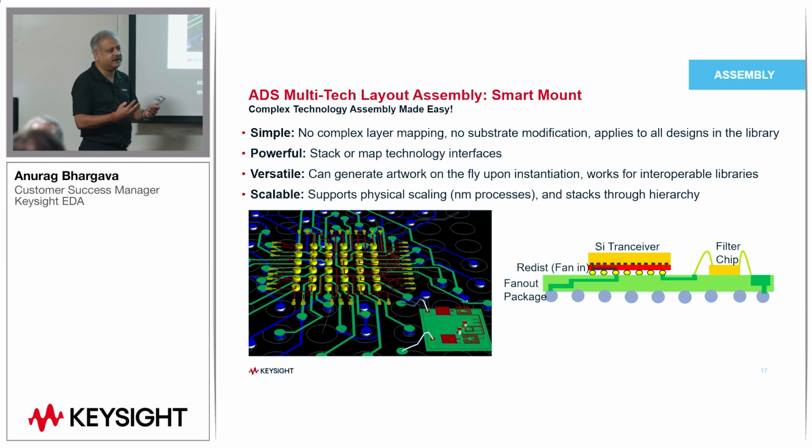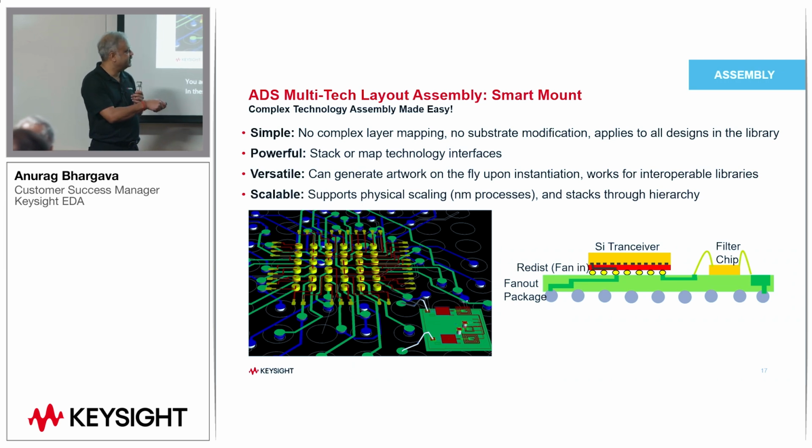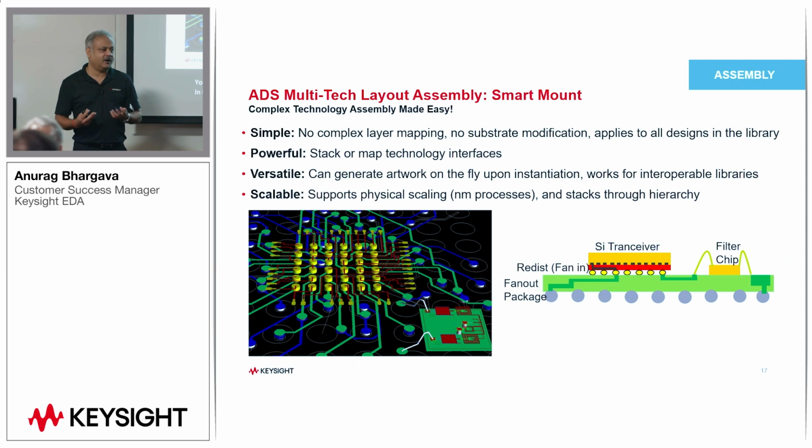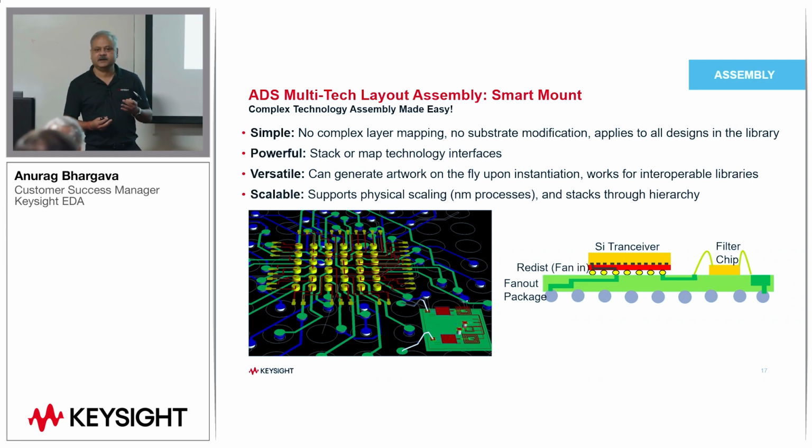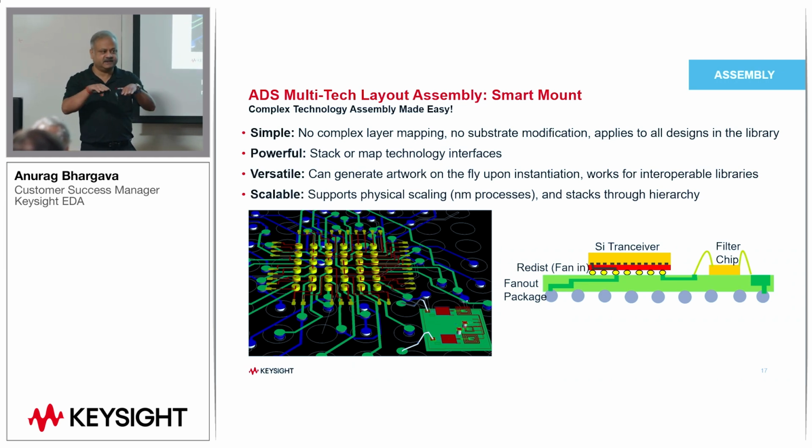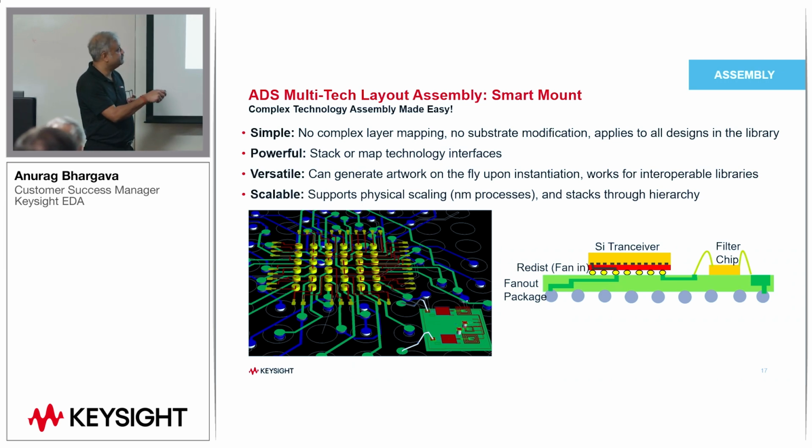You can always build a composite stack, starting from the PCB, adding the module layers, adding the IC layer, and then you have one composite stack. But in these cases, your ICs are sitting side by side. As soon as you have X and Y, you cannot manage a composite stack, because two layers cannot coexist at the same interface. It has to be only one layer at one side. And that's what the SmartMount feature in ADS allows you to do.